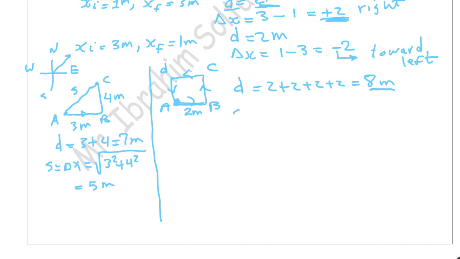But for the displacement, you start at point A and end at point A. So the displacement equals 0 because the start point is the same as the end point. Got it?